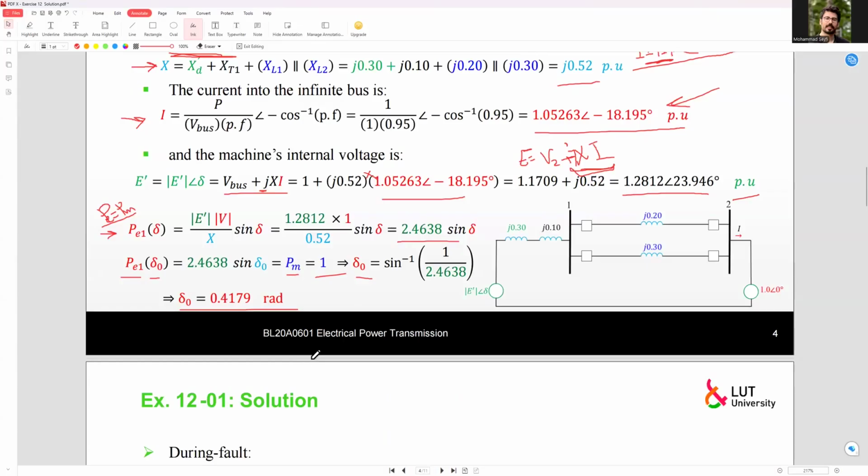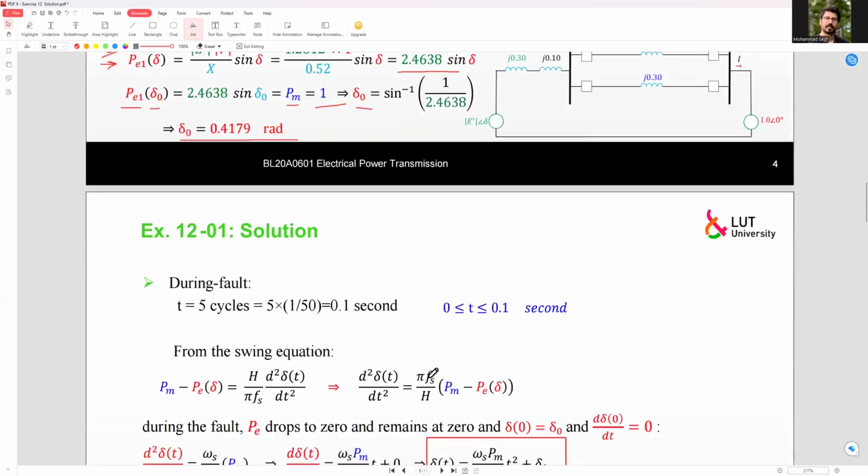Now we want to study the time that the fault exists in the system. So in these conditions, we don't deal with steady state calculations. Instead, we use the swing equation.